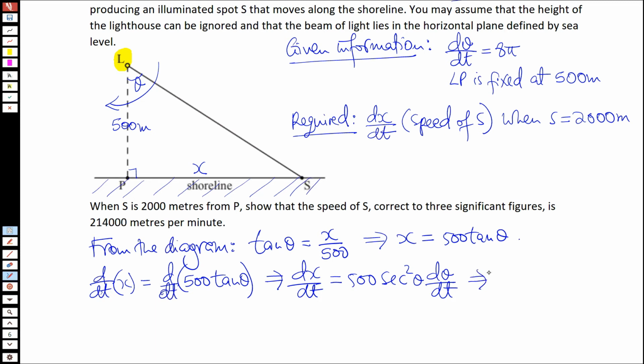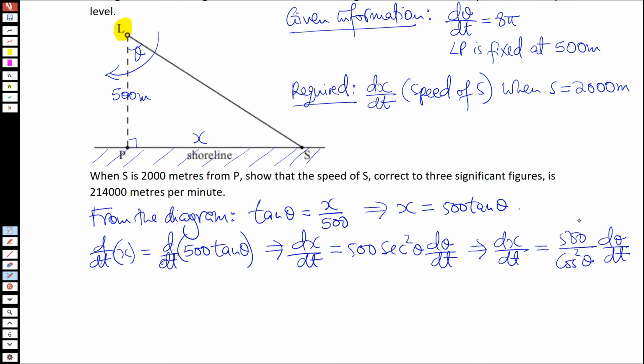And we can write this as dx over dt equals 500 over cosine squared theta, d theta over dt. Now, at this moment, I just want to go back to this triangle here.